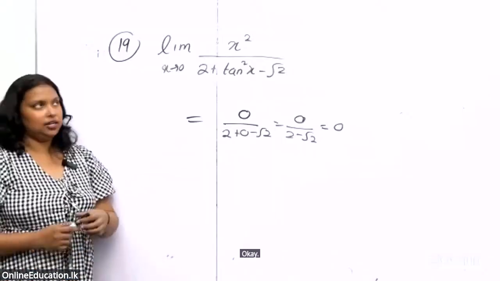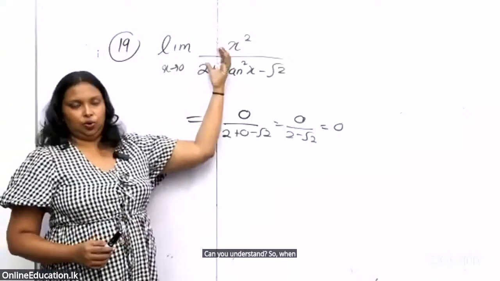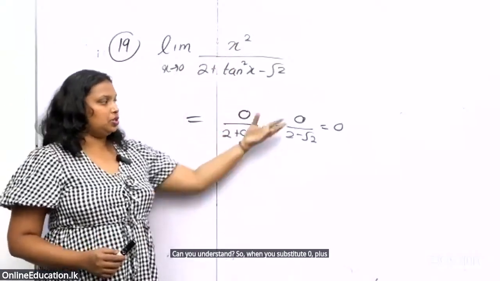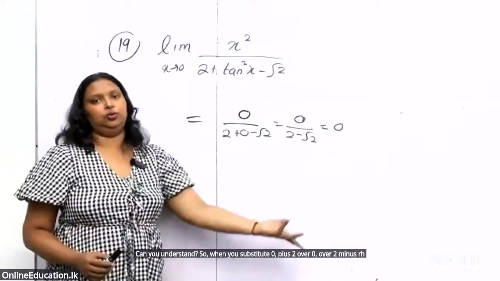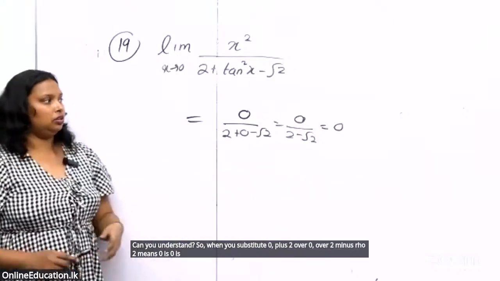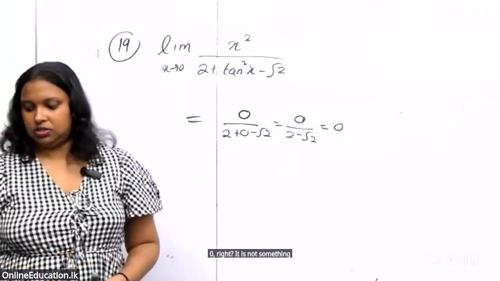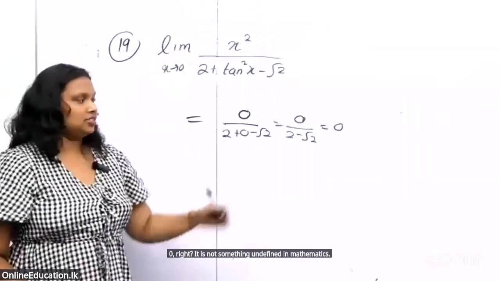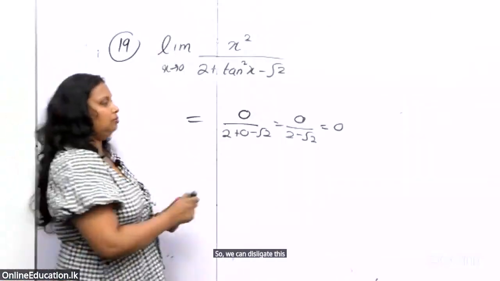Just by this, can you understand? So when you substitute, 0 plus 2 over 0 minus 0 over 2 minus root 2 means 0, and 0 over something is 0, right? It is not something undefined in mathematics. So we can just get this answer by direct substitution.